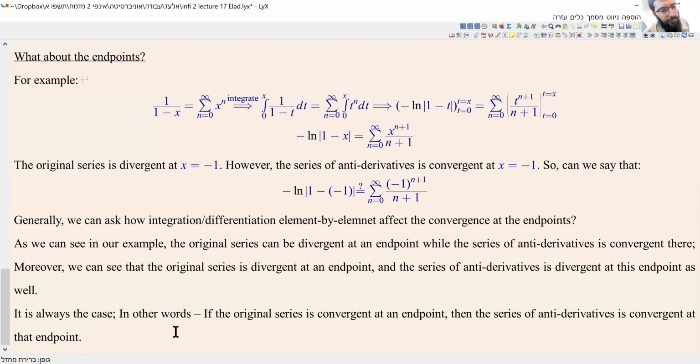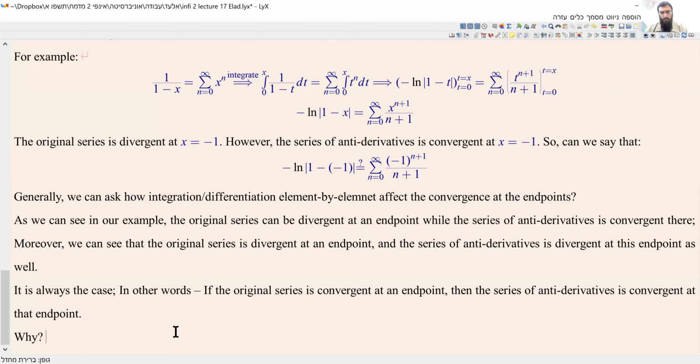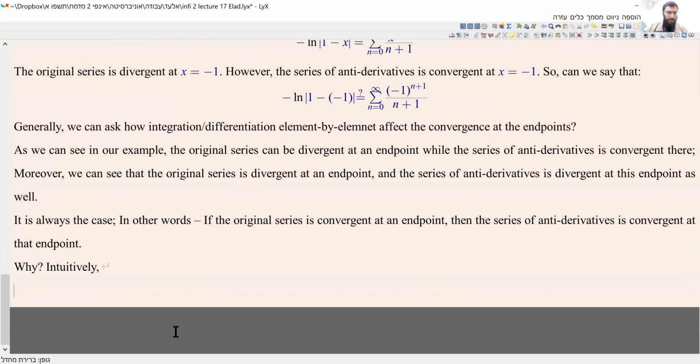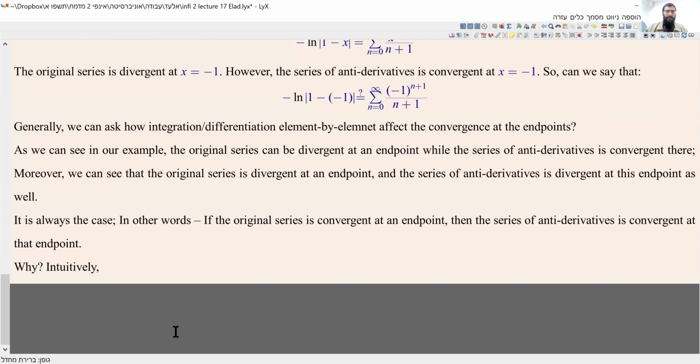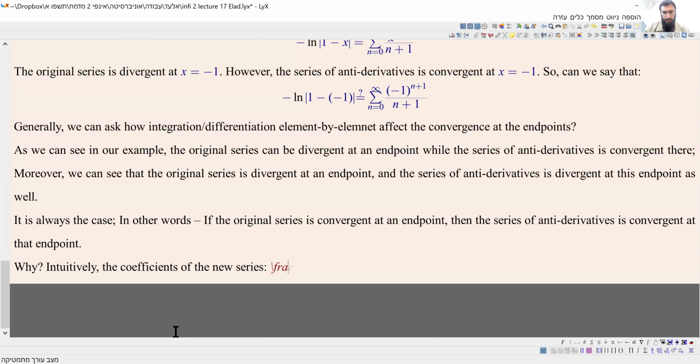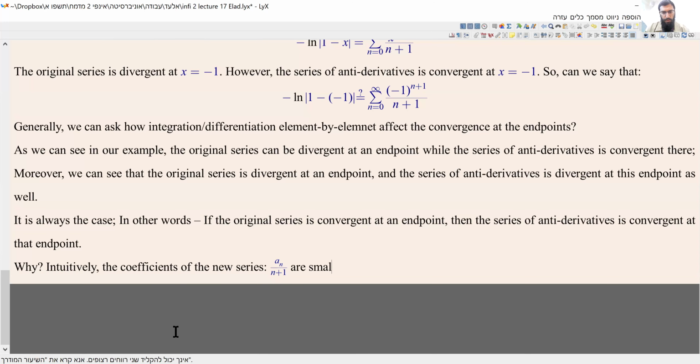Now, intuitively, which is totally enough right now, intuitively, the coefficients of the new series, a_n over n plus 1, are smaller than the original, which are just a_n.